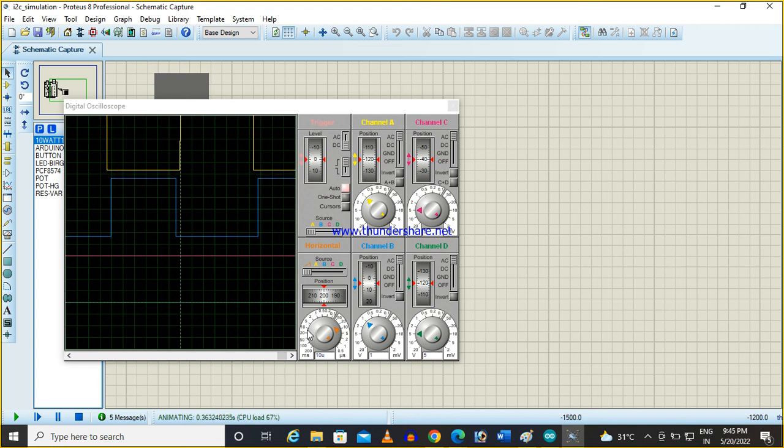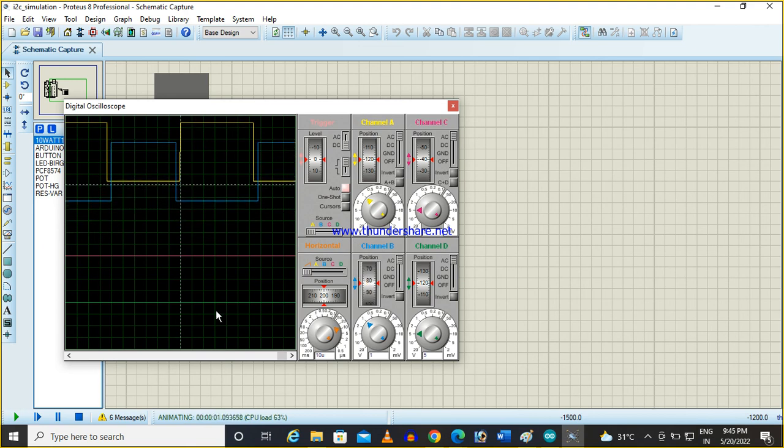Now if you see, both the pulses were coinciding, and now you are getting some gap. So this is the basic concept to generate dead time. In that gap both the pulses are 0.